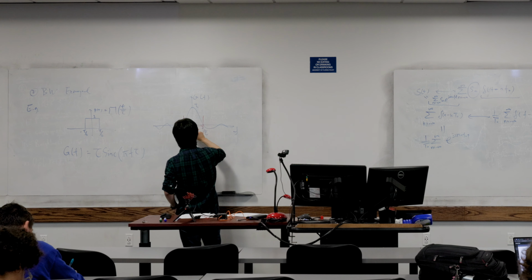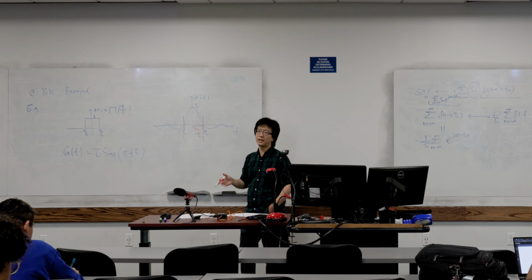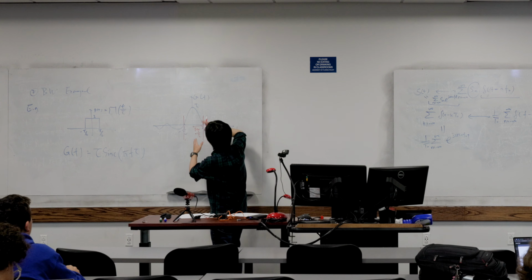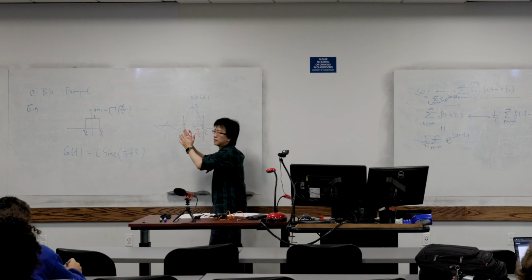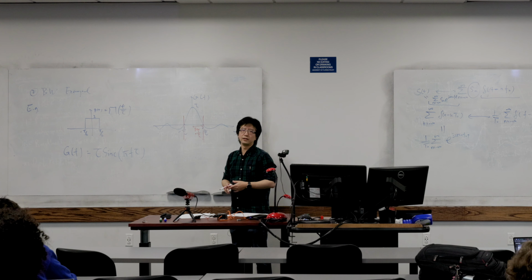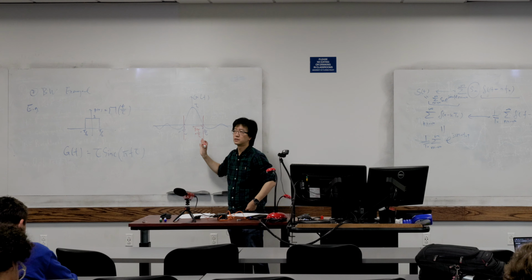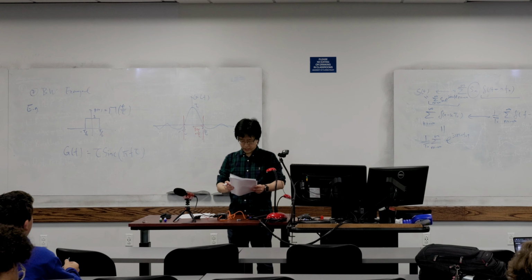That is our bandwidth. Why is that? Because if we design a filter or a system, if we only maintain this part, we can recover this part directly because they are identical. So this is our bandwidth, 1 over tau. Does that make sense? Right? Negative frequency doesn't matter, so that's our bandwidth. Okay, very good.